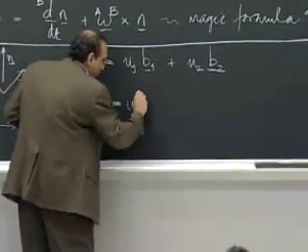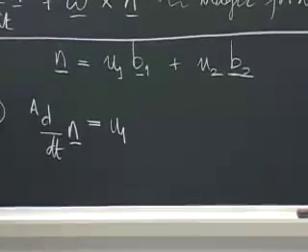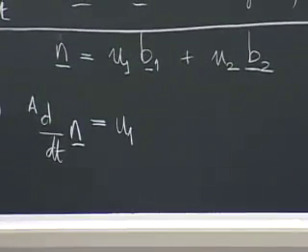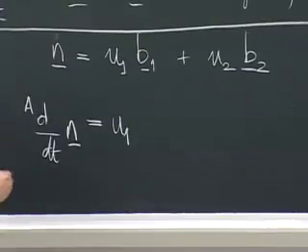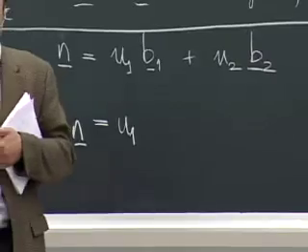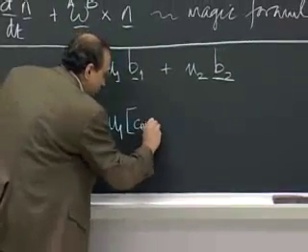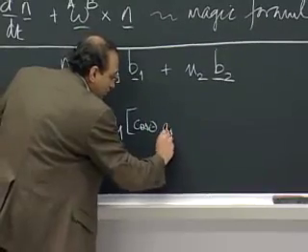Can you please look at your notes and tell me what b1 is in terms of a1 and a2? Quick, look at your notes. Say it again. Is it plus or minus? So b1 is cosine theta a1.